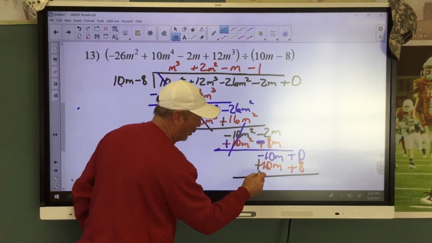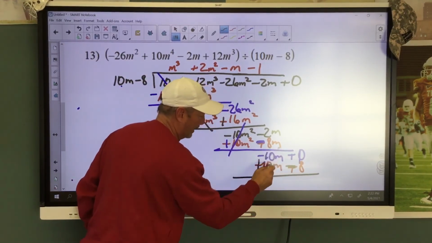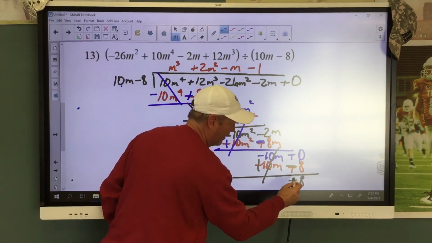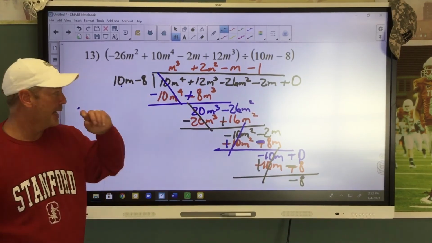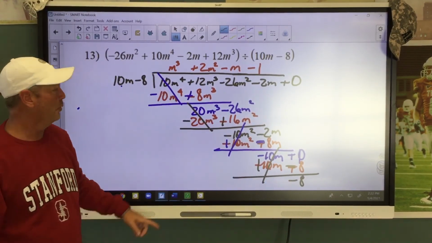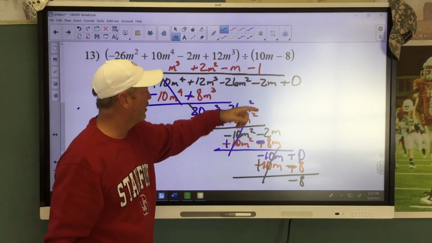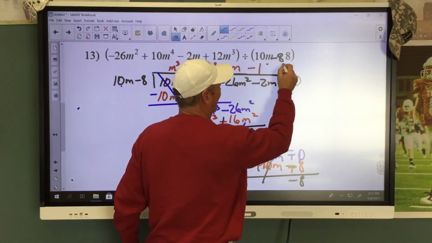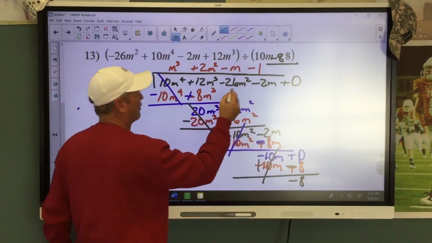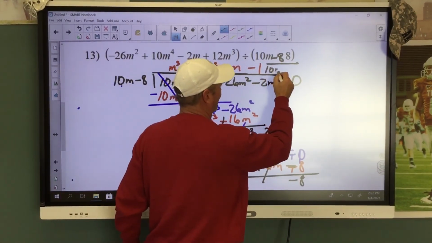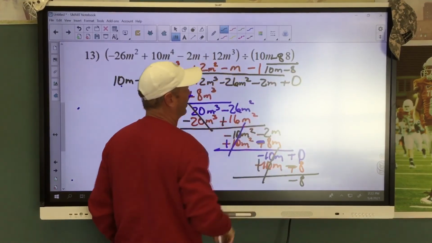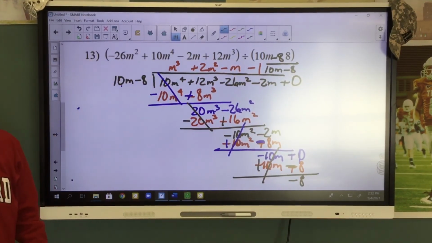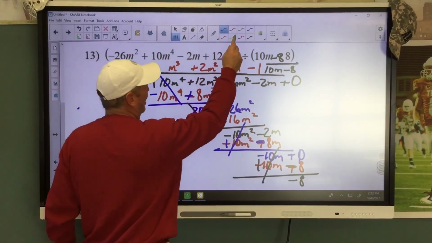We're going to change both signs. Cancel. That's going to leave me with the negative 8. My remainder is a negative 8. So what are we going to do? There's my answer. We're going to take our remainder of negative 8 and put it over our divisor of 10m minus 8. And there is our answer right there.